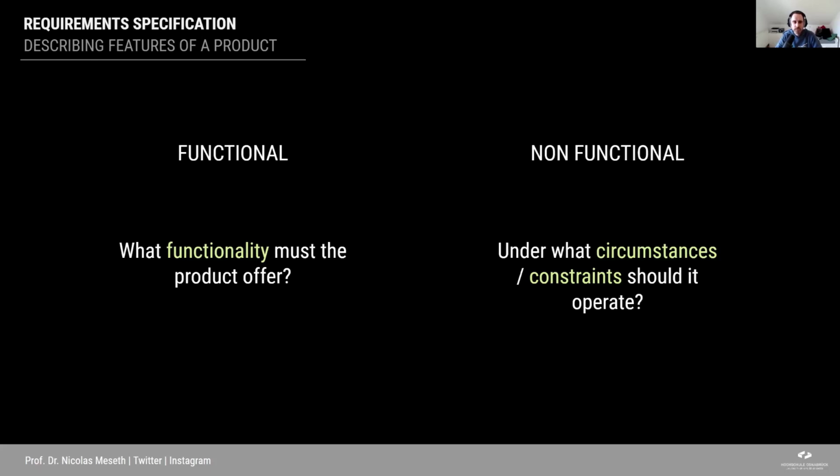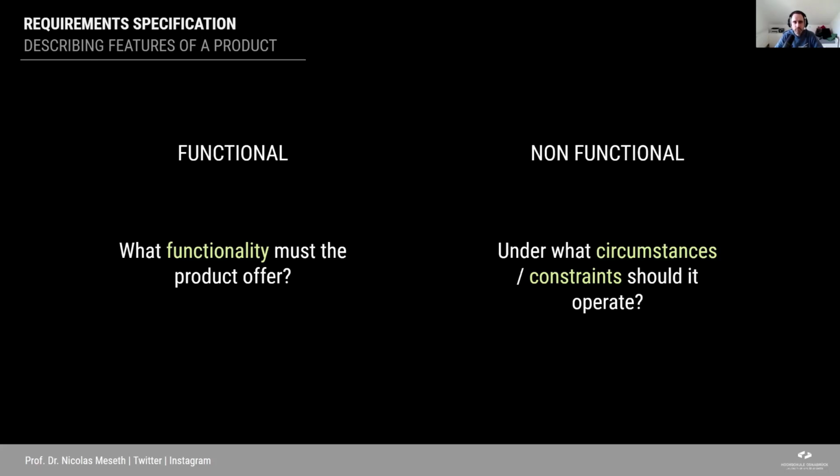So these are two distinct groups of types of requirements that we can describe. And in our context, we will be mainly talking about the left, the functional requirements. So the non-functional requirements, we will look at some examples and we'll try to understand what it is, but we won't be focusing on that.